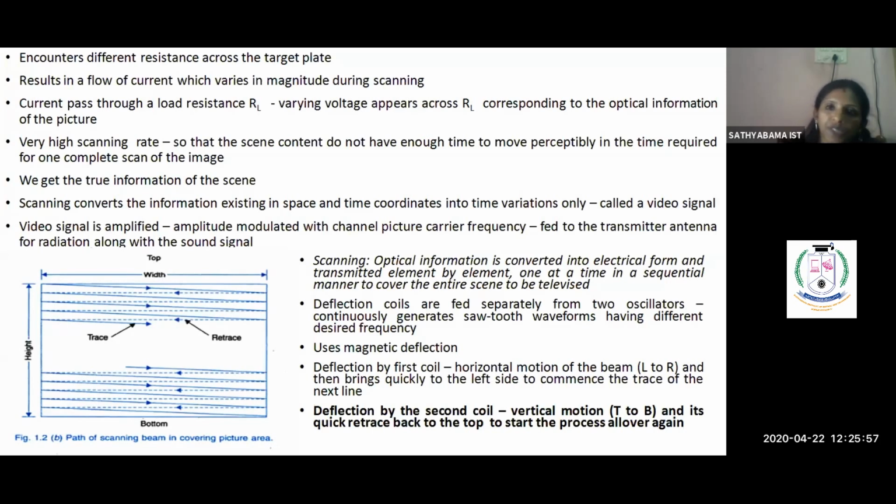Always the transmission in the television system takes place from left to right, and then the beam quickly returns to the left side to commence tracing the next line. Once that line has been done, it again starts from the first point, left to right. The deflection by the second coil is the vertical motion, top to bottom, with a quick retrace back to the top to start the process again.